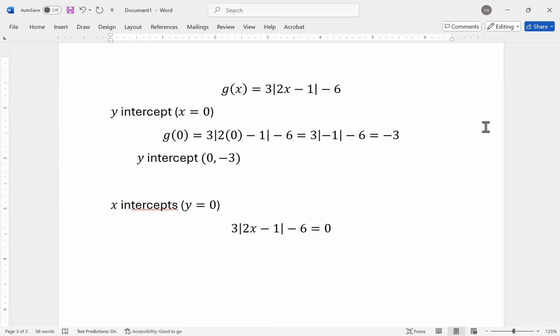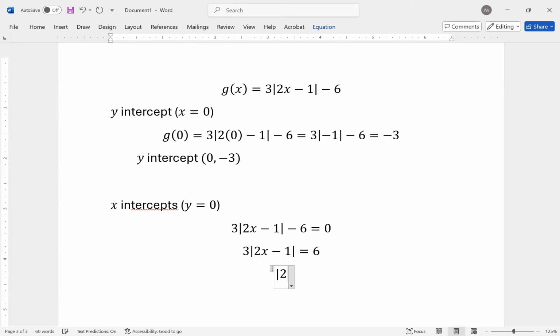Adding 6 to both sides gives me 3 times the quantity 2x minus 1 inside of an absolute value is equal to positive 6. Then I would divide both sides by 3.